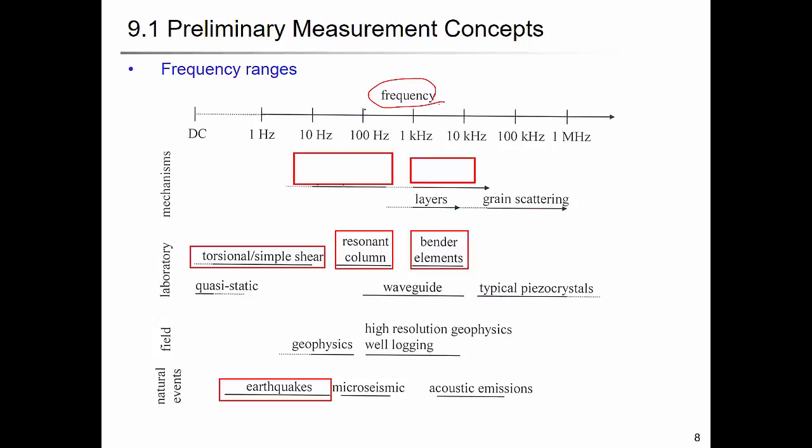Fluid flow, right? So the compression wave squeezes the pore fluid that can flow also in the direction of the propagation. So the squirt and the dispersion is the main mechanism.